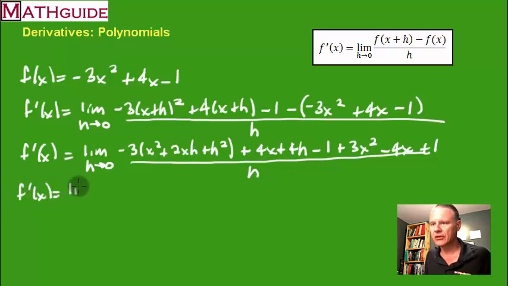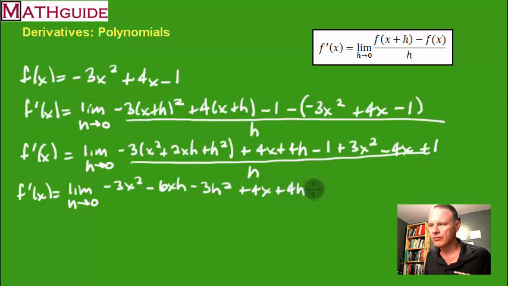Right now this becomes an algebra problem. Multiplying everything here, you get negative 3x squared minus 6xh minus 3h squared. And again, all this is the same: plus 4x plus 4h minus 1 plus 3x squared minus 4x plus 1.